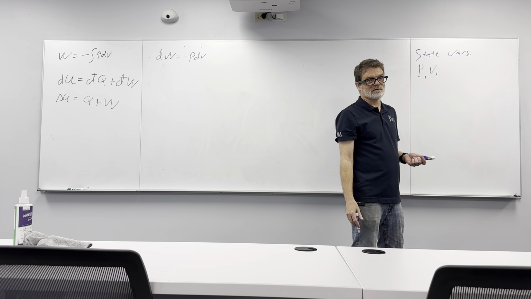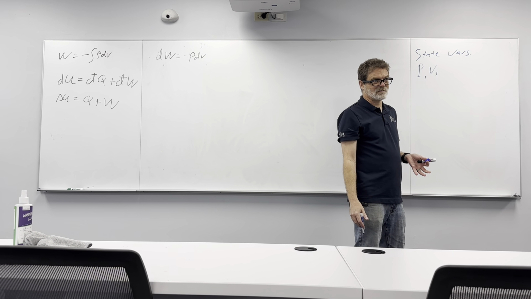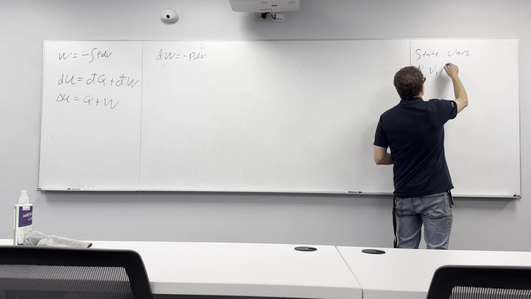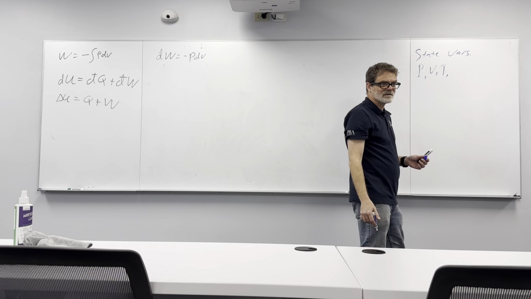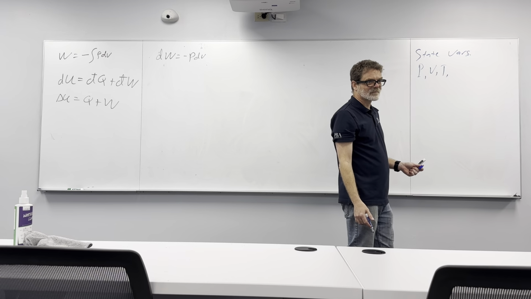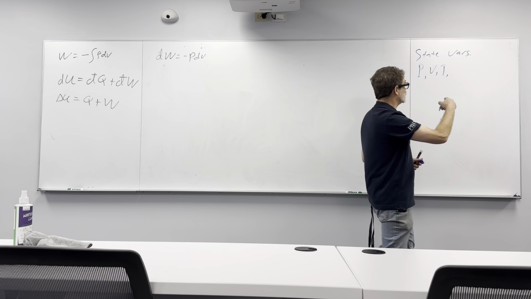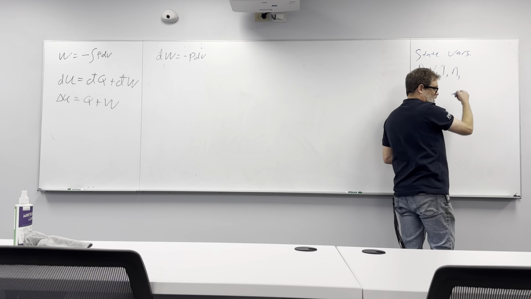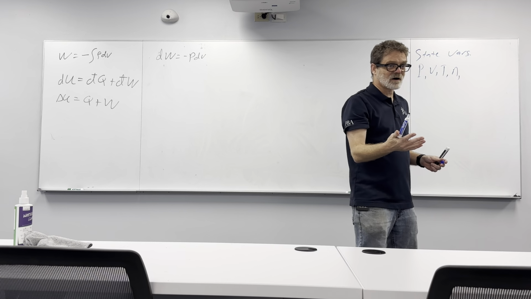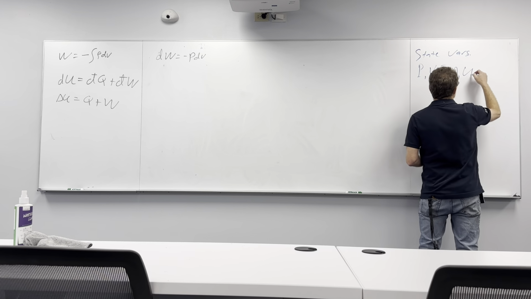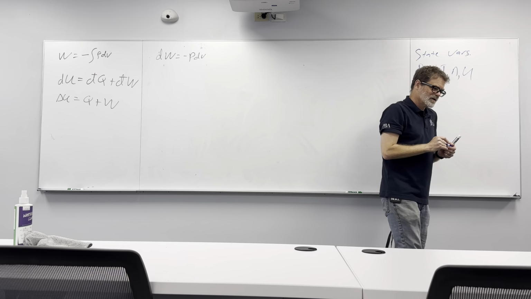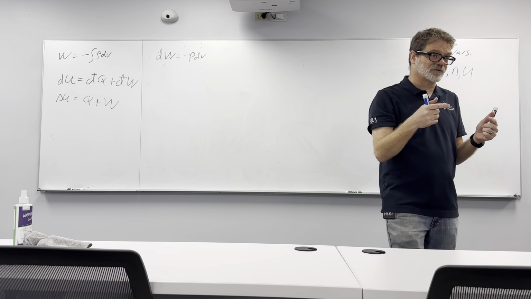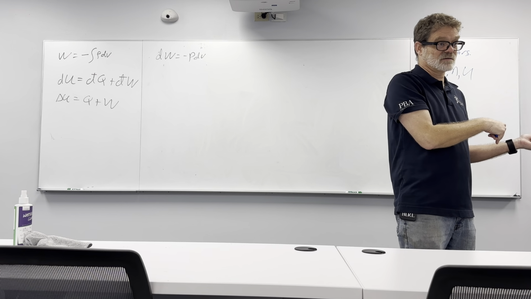T, temperature. PV, what's another one? R is a constant. N, either little n or big N, moles or molecules, the same idea. U, internal energy. These are all state variables. They only depend on the state of the system, not how you got to that state.